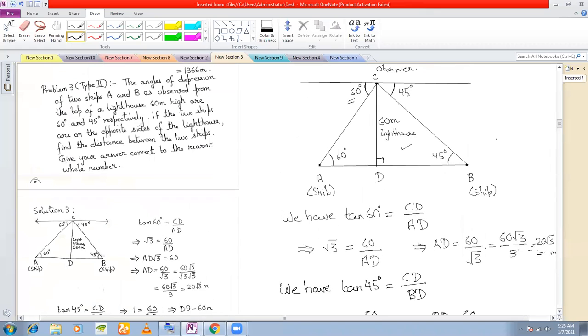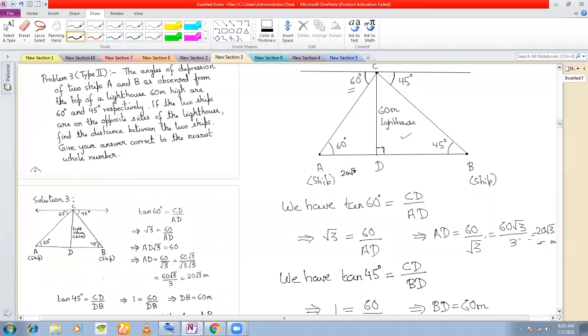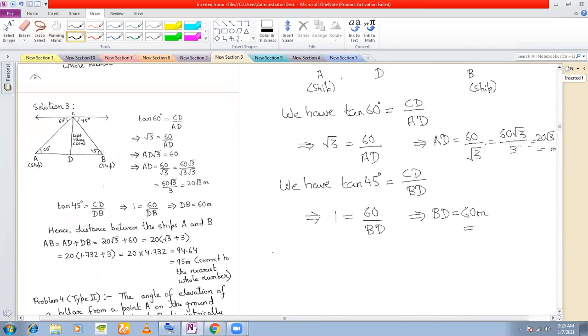So what is the distance between the two? This is 20 root 3 and this is 60. If you add up these two, you will get the distance between the ships. Hence, the distance between the ships is equal to AD plus BD. AD here is 20 root 3 and BD here is 60.